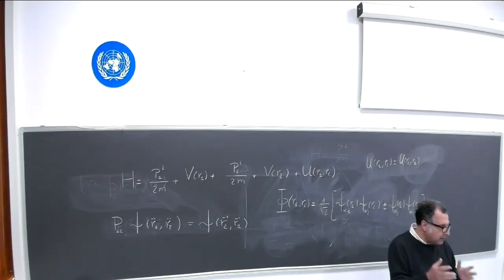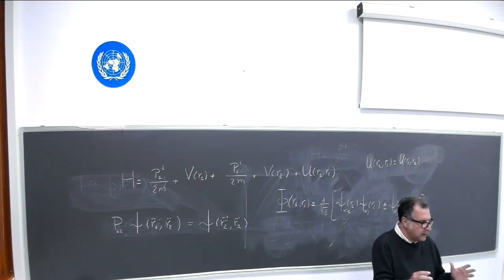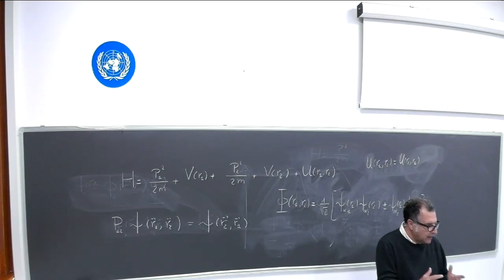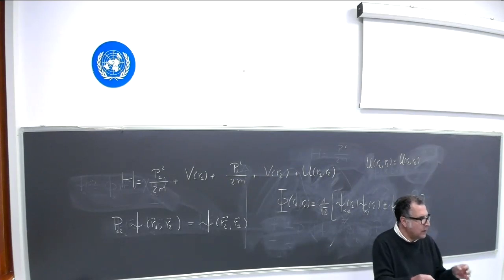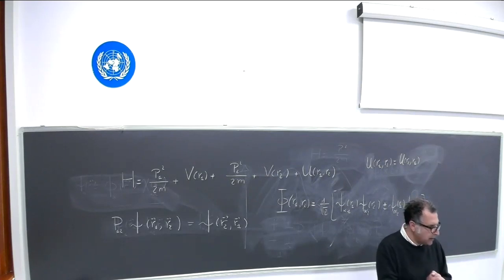So this is related. A picture you can get is that you have an effective de Broglie wavelength, which should be compared to the interparticle distance. Given the density, you have some average distance between particles.